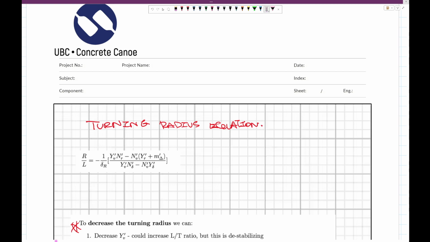Regardless, we can use it as a measure for our canoes. Obviously, if a canoe had a larger turning radius, even though we're going to be turning it with paddlers at the front, it's still going to be harder than a canoe with a smaller turning radius. Anyways.